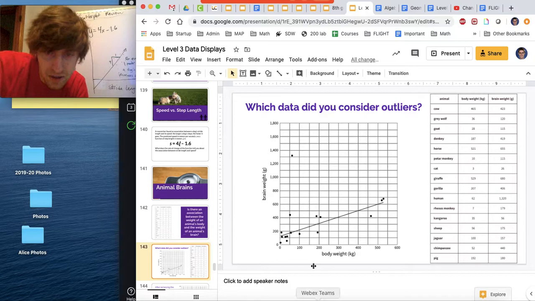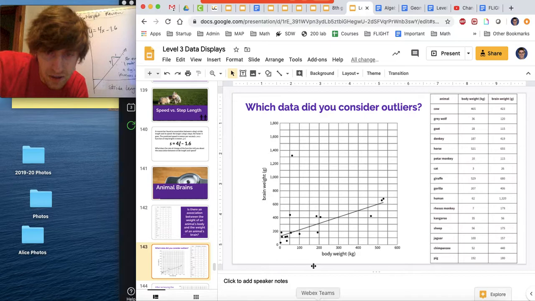So how do we, in general, determine a fitting line? We haven't actually talked about how to make a line of best fit, but what we have done is been able to approximate. The first step in finding a fitting line is to remove any outliers. That's step number one. You don't want humans on this graph because they're going to ruin everything.